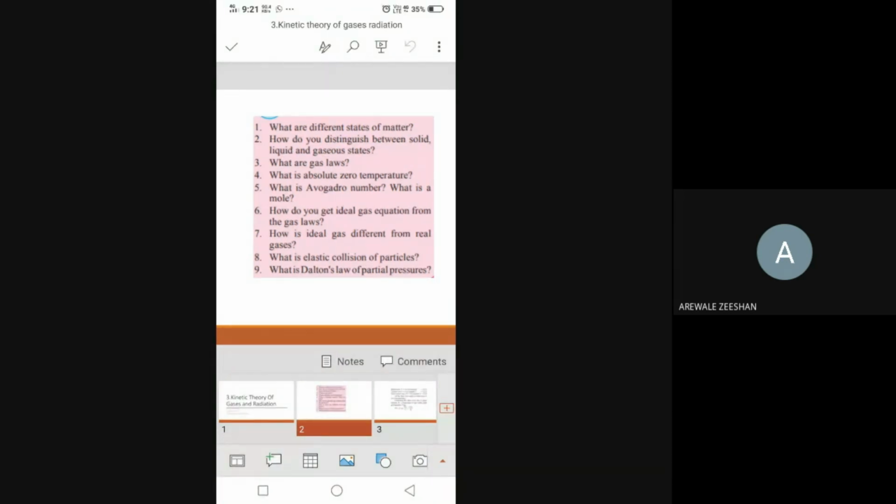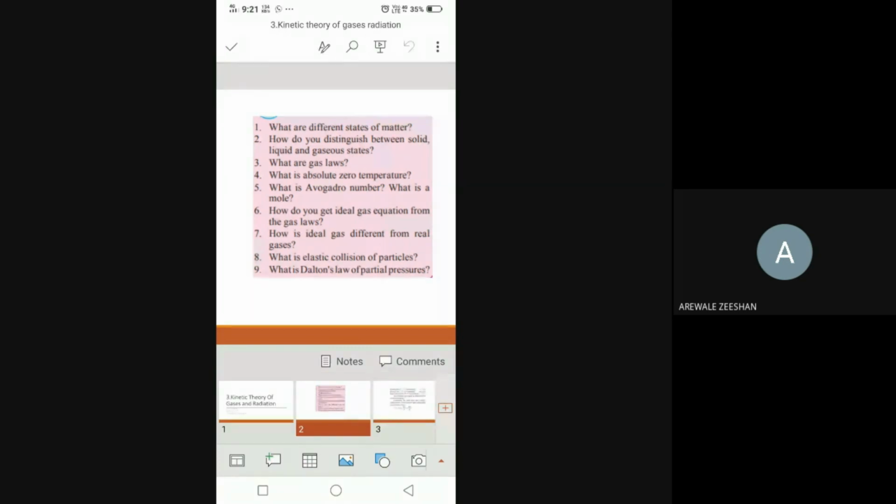So, absolute zero temperature, let us understand. At 0 degrees Celsius we have the ice of water, but that is 0 degrees Celsius.